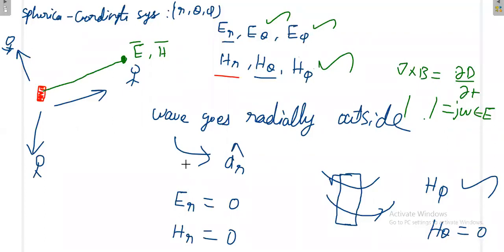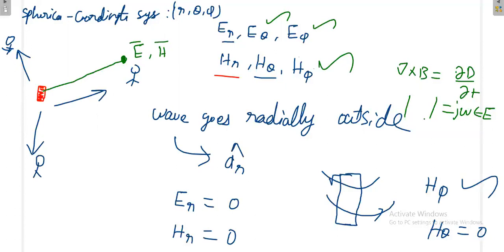Okay, so what is existing? E theta, E pi, and H pi are existing. So I will write down this parameter alone, this component alone.